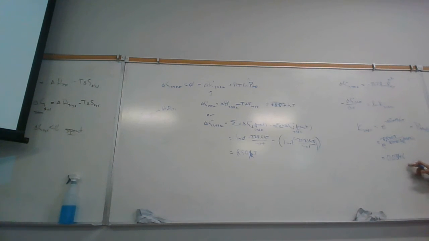All right, K is equal to this, and therefore the partial pressure of H2O, K is dimensionless, is going to be equal to 0.03146 bar. This is going to be 0.031 bar.